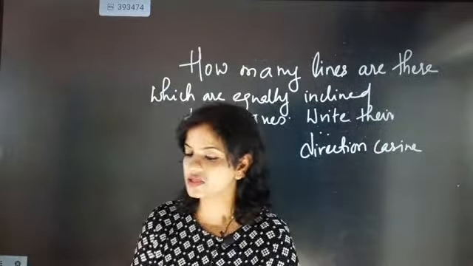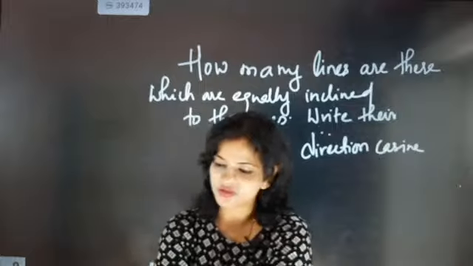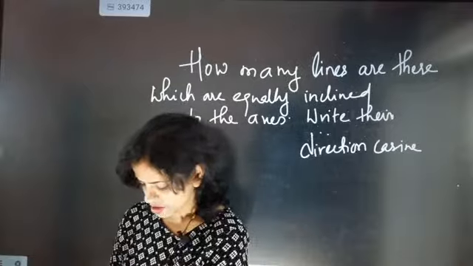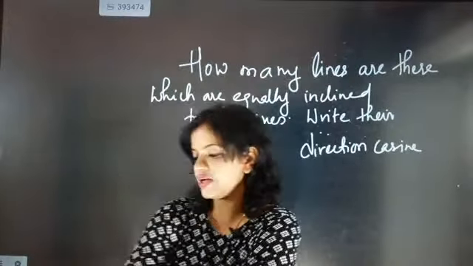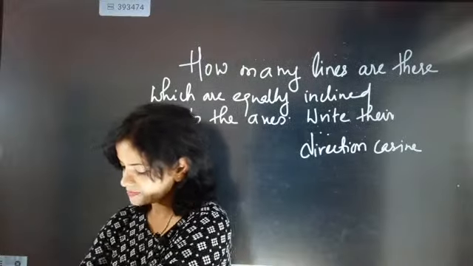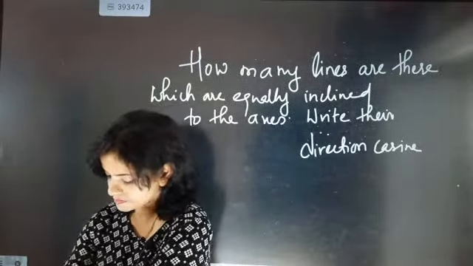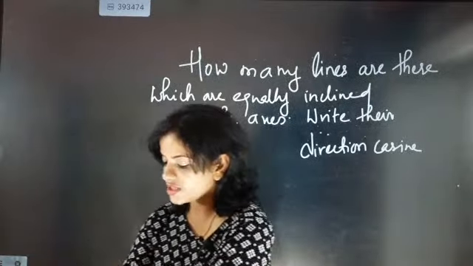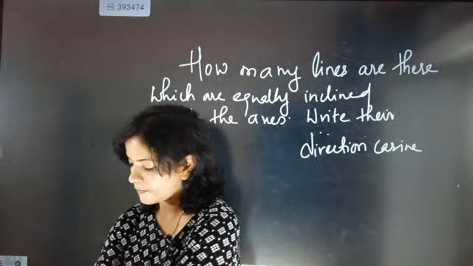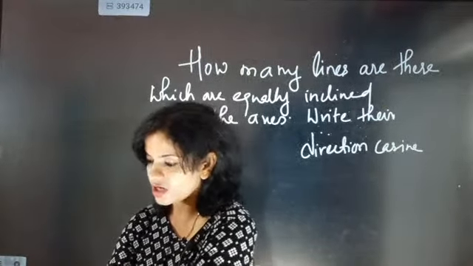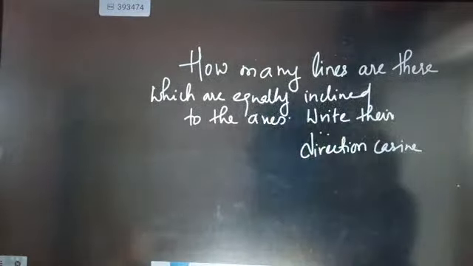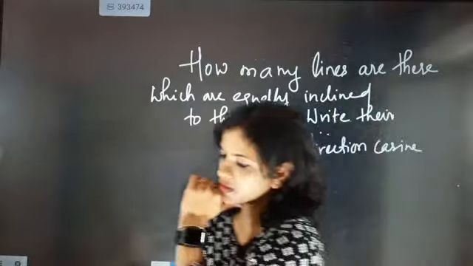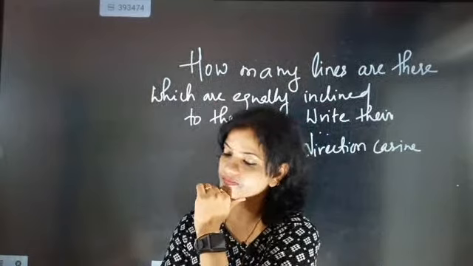Already we have done this question, just a few minutes back. Now it's time to recapitulate that point. How many lines? You have to count and say how many lines can be possible. Which are equally inclined to the axis.